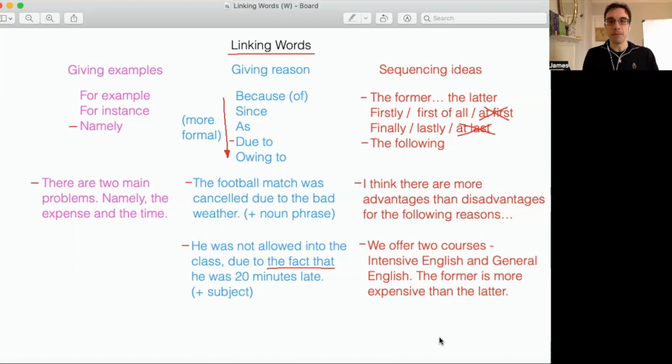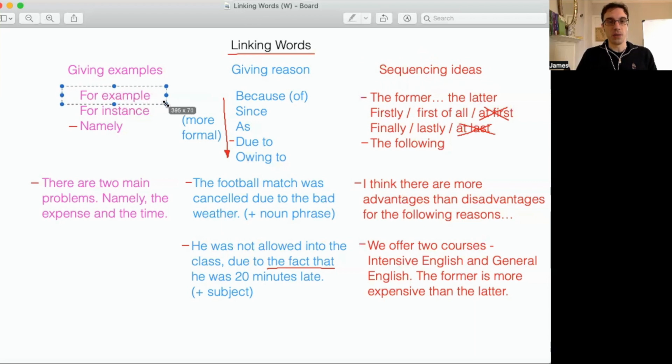But in the video today, we're going to cover these 3 categories, and they are giving examples, giving reason, and something we did in a previous IELTS writing video, sequencing your ideas. Okay, so let's start with giving examples.